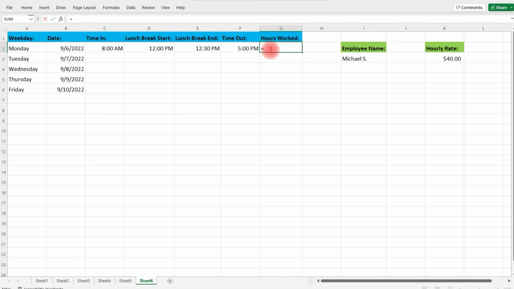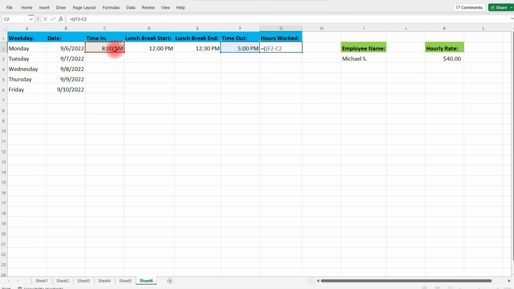Now for the formula, here's what we're going to do. We're going to type in equal, parenthesis, another parenthesis. First, I'm going to take the difference between cell F2 minus cell C2.